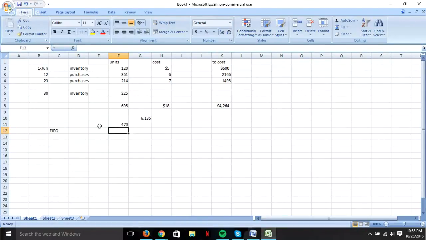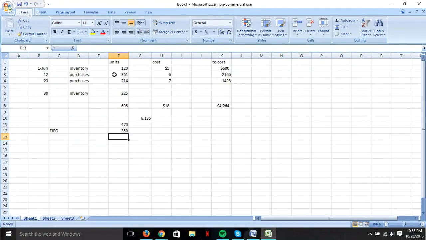And so we're going to work backwards. Well, we'll work forward since we're going from first in, first out. 470 minus the 120, because it was one of the first ones we had in our inventory. And that leaves us with 350 units that we still have to use.